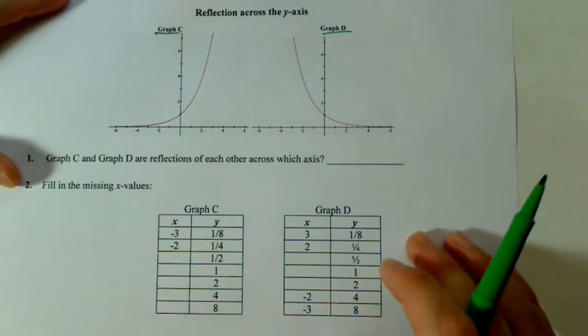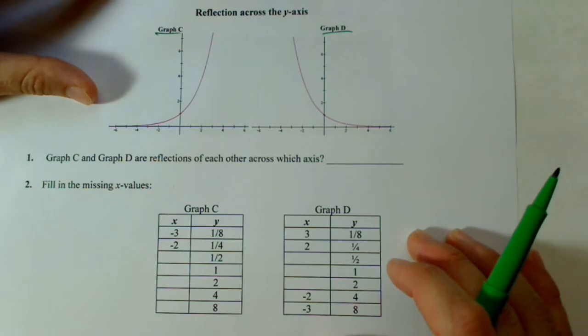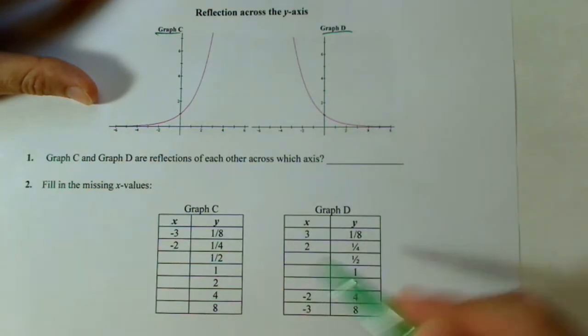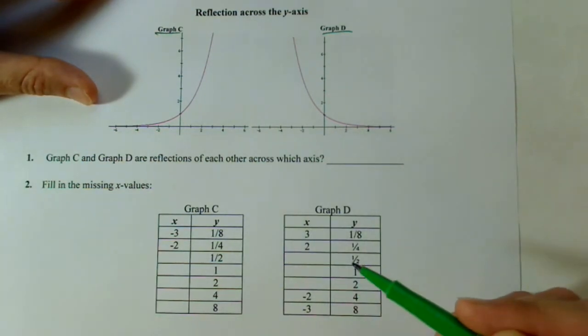Now let's take a look at a table of data of these two graphs and check what's actually happening with the values.